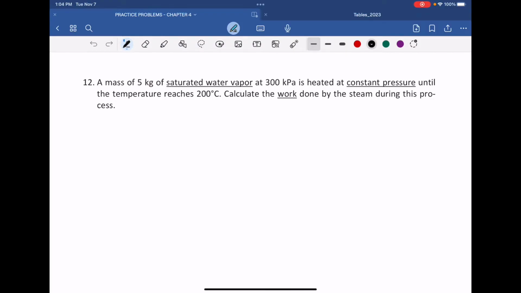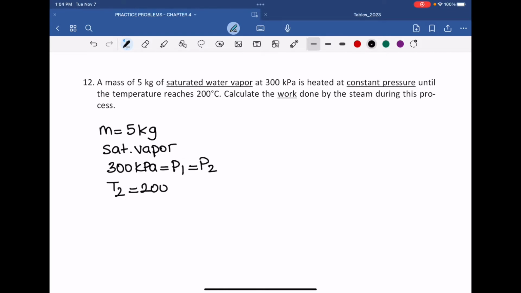So what they're giving us is the mass, and it is a saturated vapor at 300 kilopascal at the first state. Now it is changing state at a constant pressure, so pressure doesn't change, and the final temperature is 200. Calculate the work done by the steam during this process.